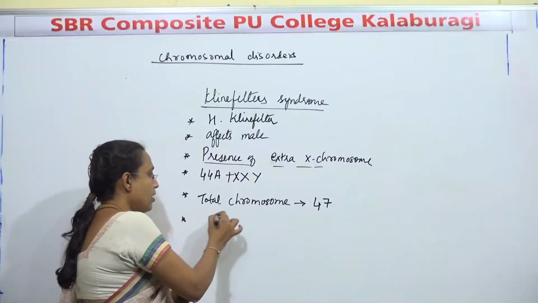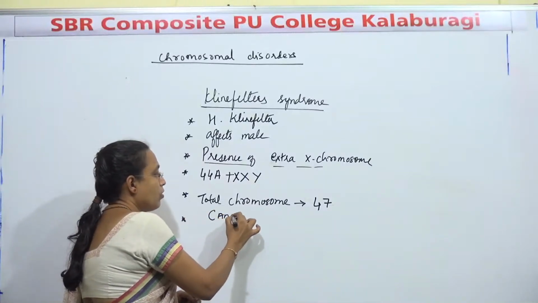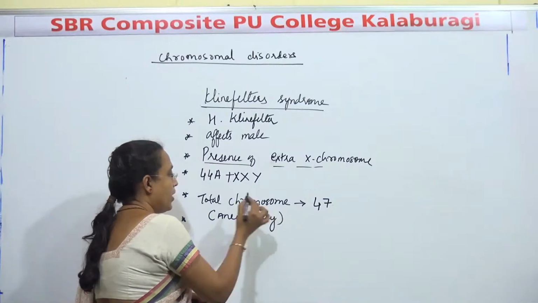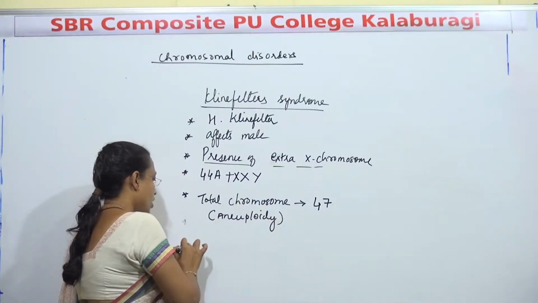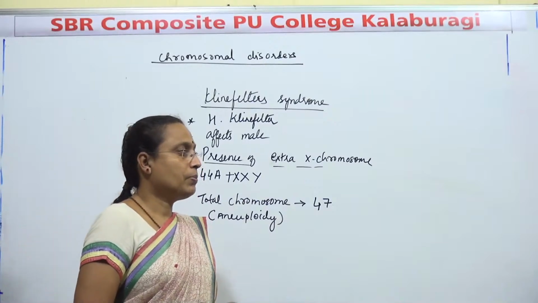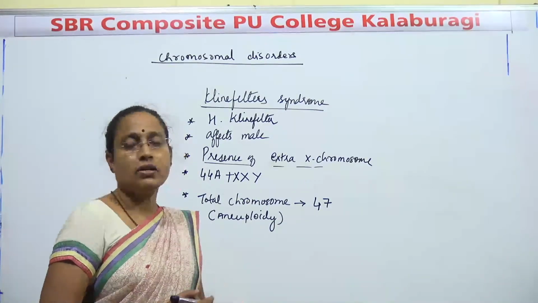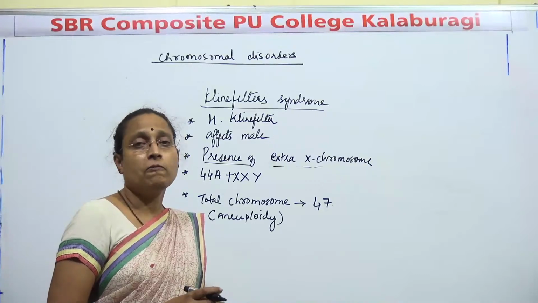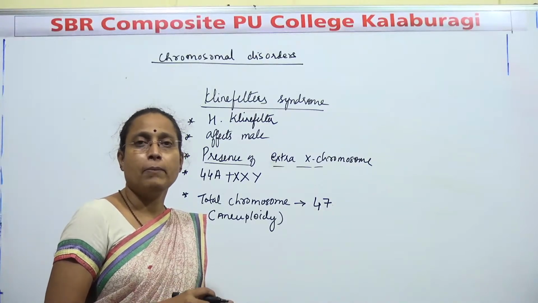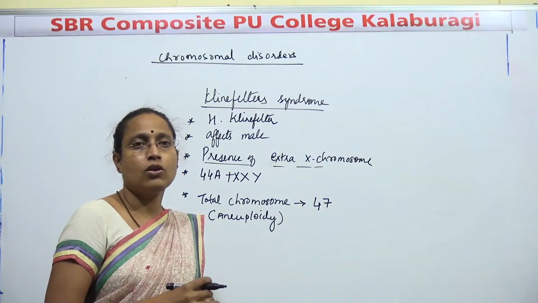Again, remember, what you can call this is aneuploidy. What is the reason for this syndrome? It is because of non-disjunction of chromosomes during meiosis. That is, during meiosis, there is a non-disjunction of chromosomes.